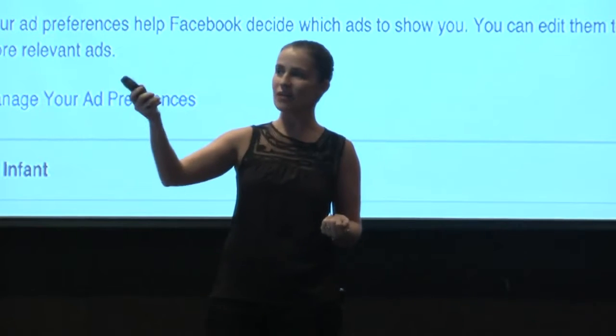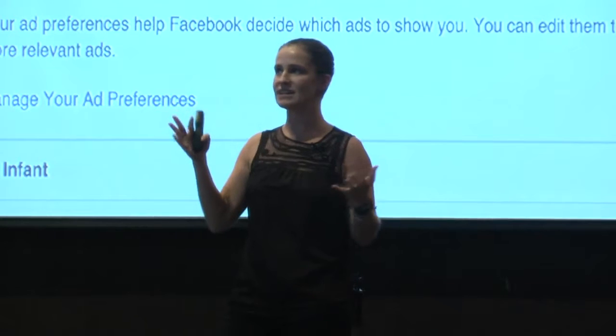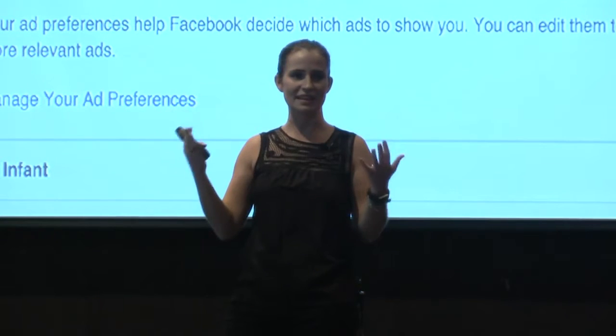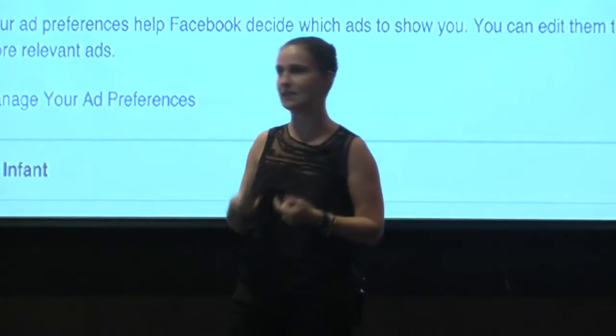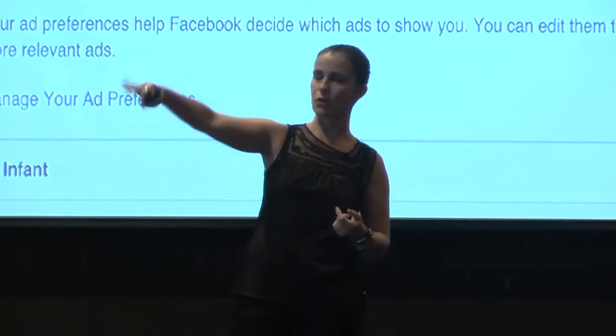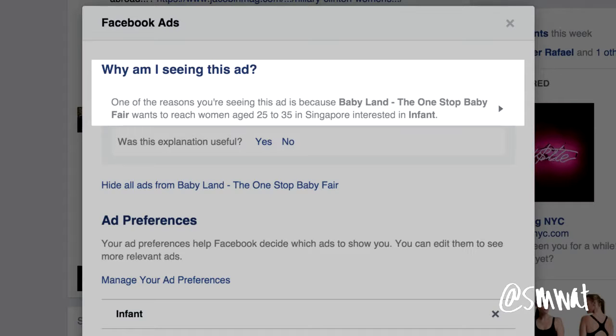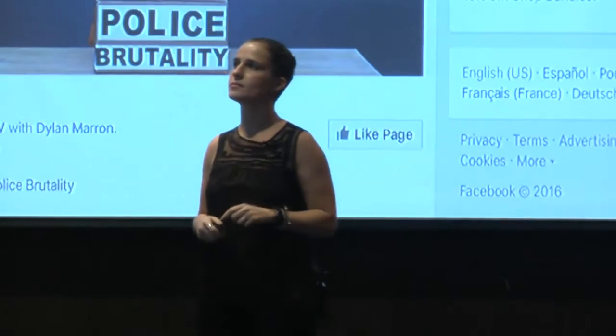So I have this ability to see this information, but it's still not fully explaining why this is targeted to me personally. Of course you can drop down, and later, lower on the page, there's the manage your ad preferences, and that's where you can go to see where that personalization comes from.